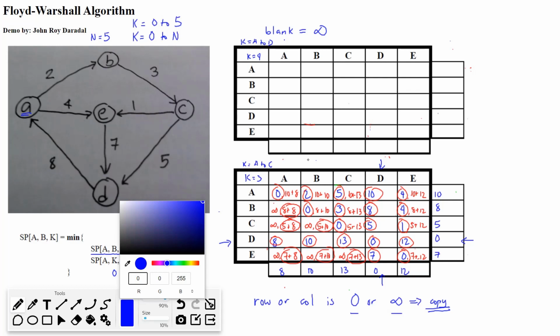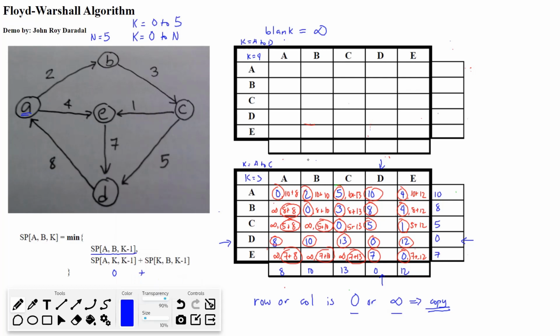So let's write that down in our table. So this would be 0, 2, 5, 10, 4, 0. Then we have the new value here, 16, right?